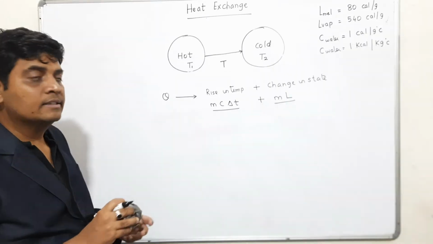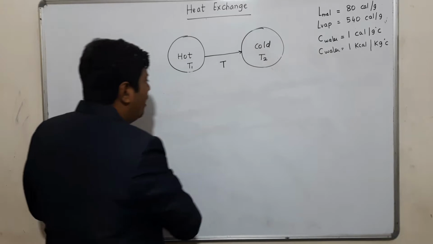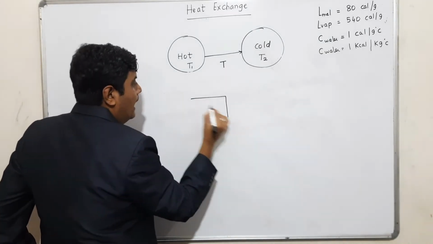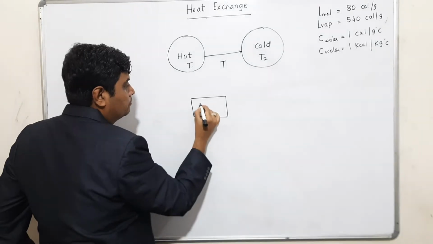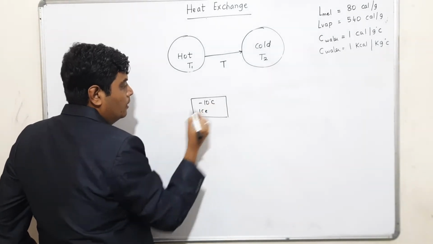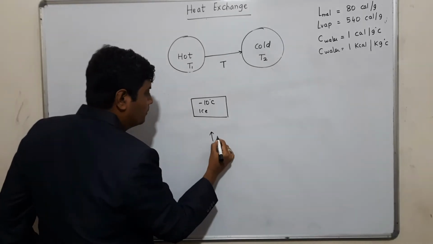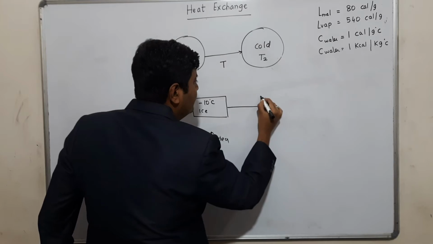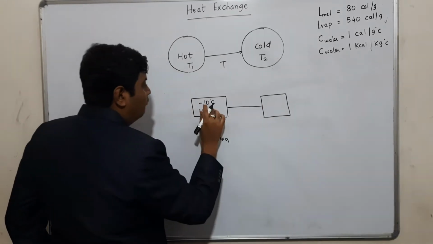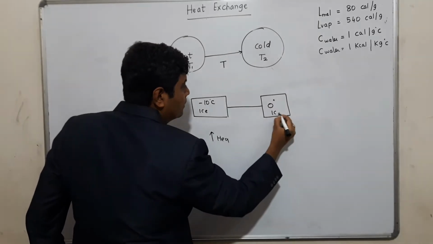Let us help you understand the concept with the help of one simple example. Suppose you have ice, and the ice is at minus 10 degrees Celsius. When I supply heat to the ice, first there will be a rise in temperature. From minus 10 degree ice, it will become 0 degree ice.